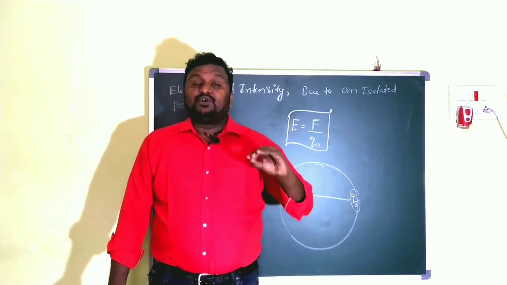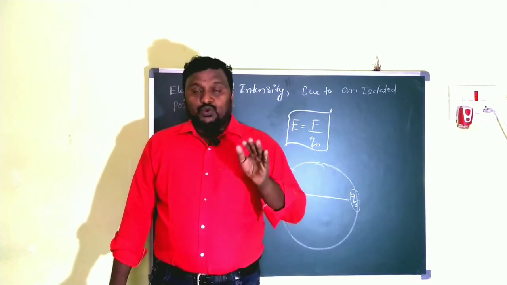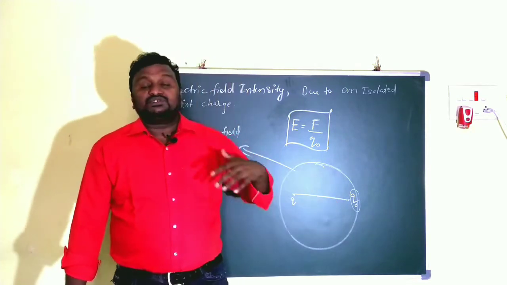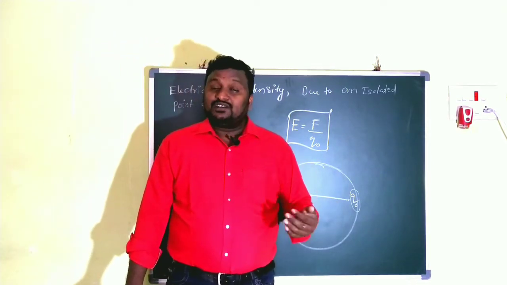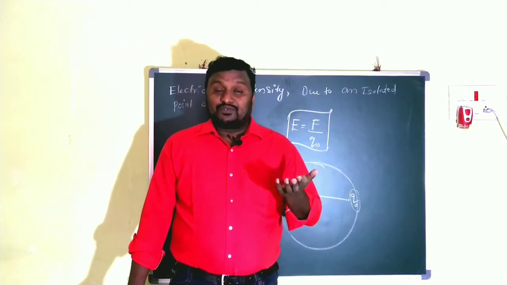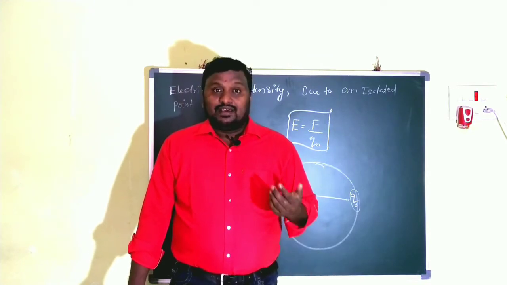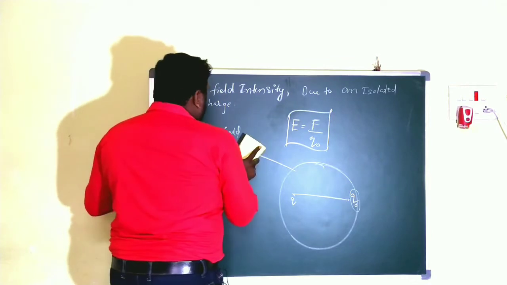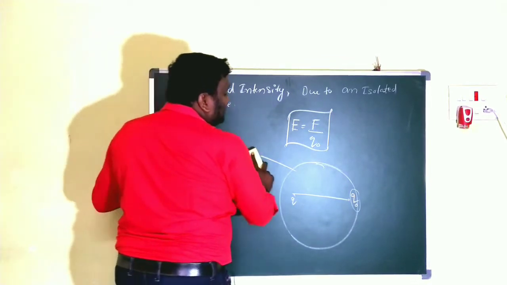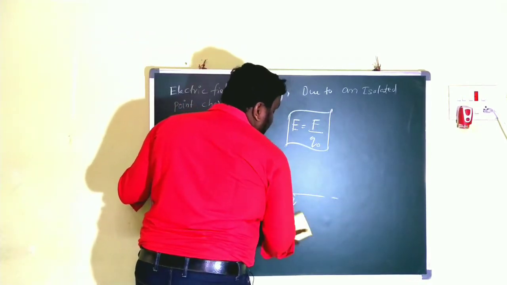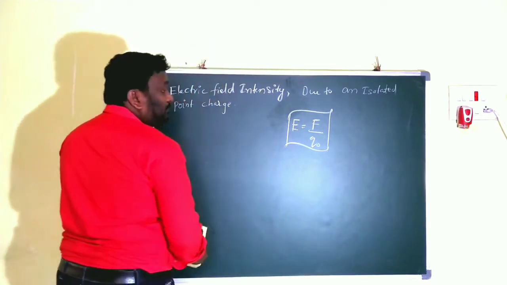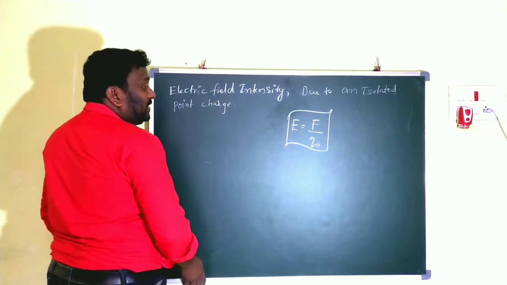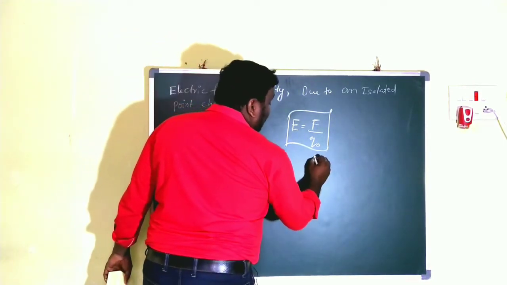When Q naught is kept inside, some force acts on it. That is what we call electric field intensity. So what is electric field intensity? The force experienced by the charge when it is placed in an electric field.